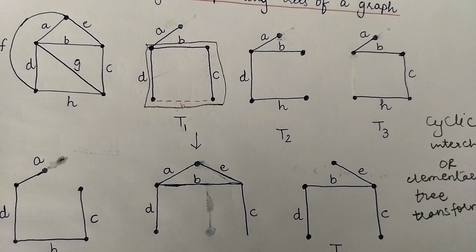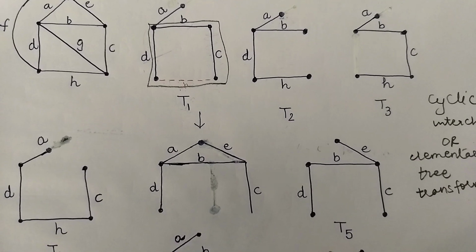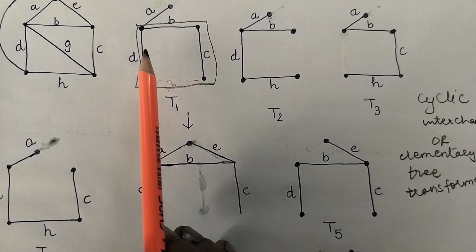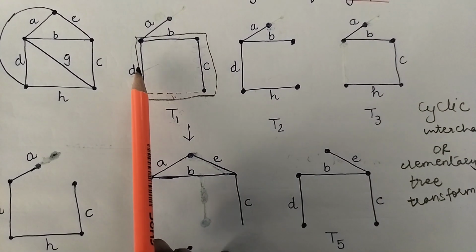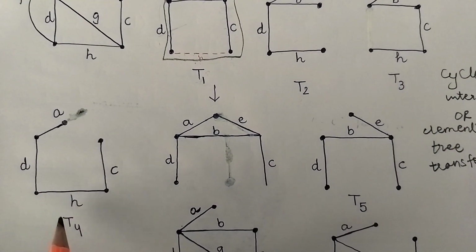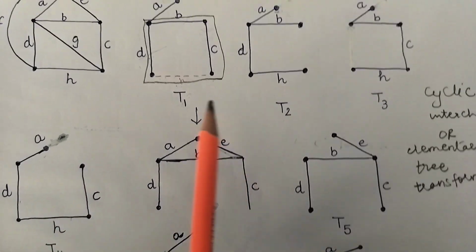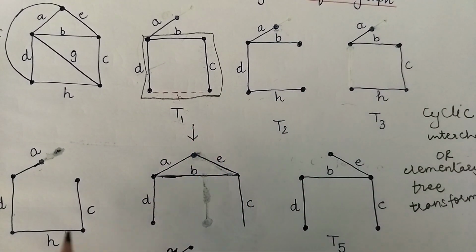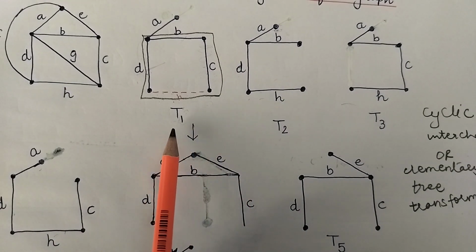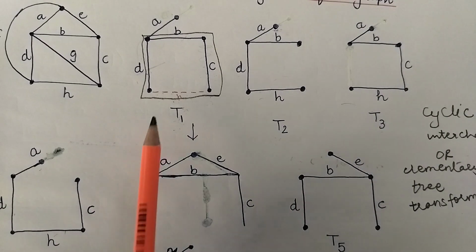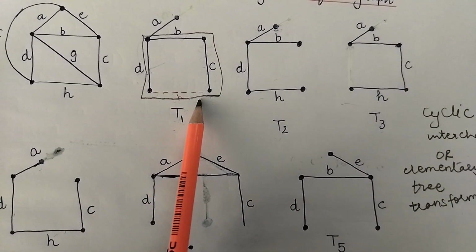So see, as I told you, if I remove the branch B from this particular spanning tree, I get another spanning tree T4: A, D, H and C. So from this same spanning tree, I have obtained 3 more spanning trees. From the spanning tree T1, I have obtained spanning tree T2, T3 and T4 simply by adding a chord H to the spanning tree.